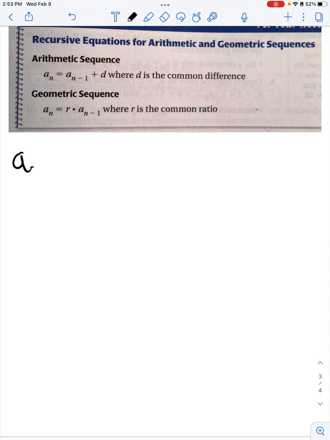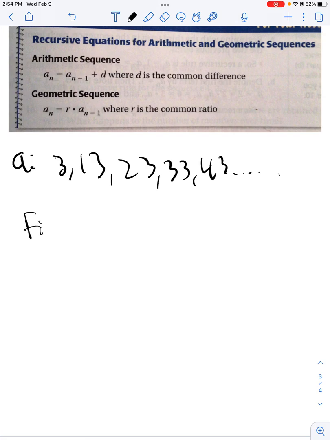The next step is, how do you write recursive rules? Let's say that we have 3, 13, 23, 33, 43, going on forever. One of the first steps is to identify the first term.